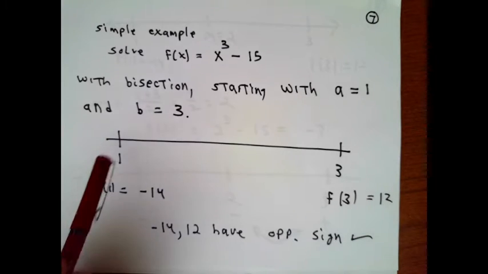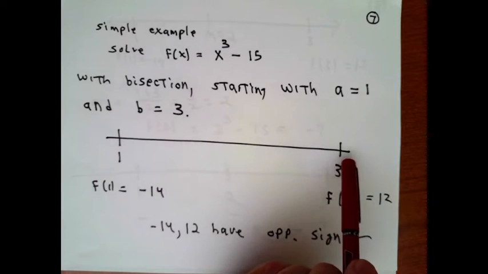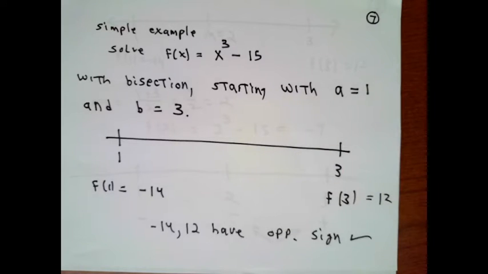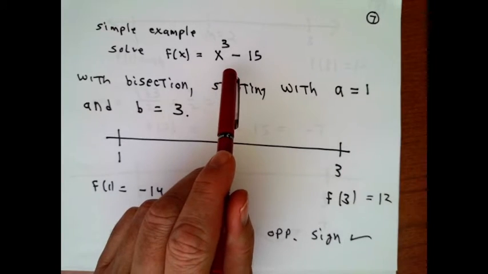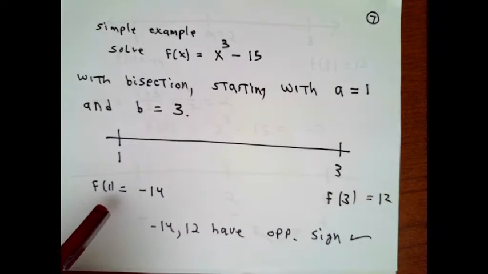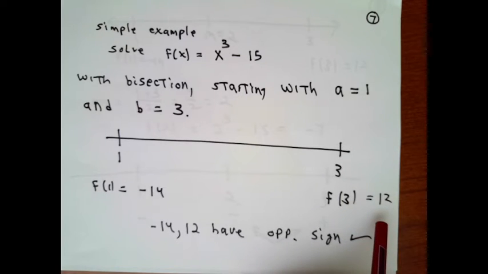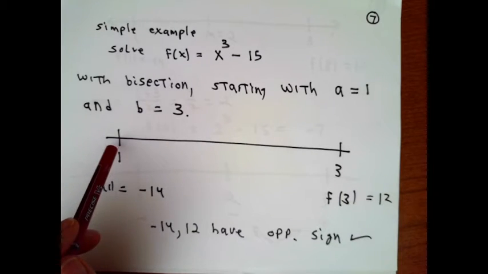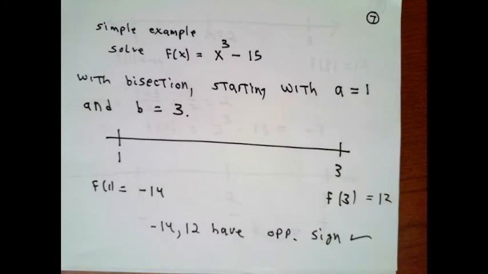I'm going to start with a equal 1 and b equal 3. f of 1 is 1 cubed minus 15, negative 14. f of 3 is 3 cubed minus 15, which is 12. Negative at one end, positive at the other. So the interval from 1 to 3 is a satisfactory initial a and b.